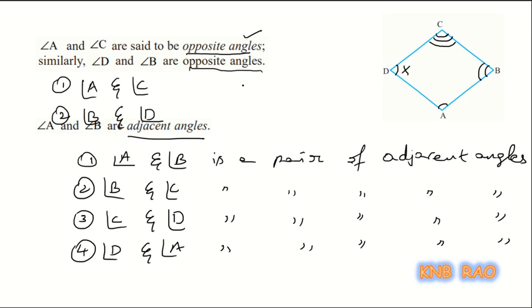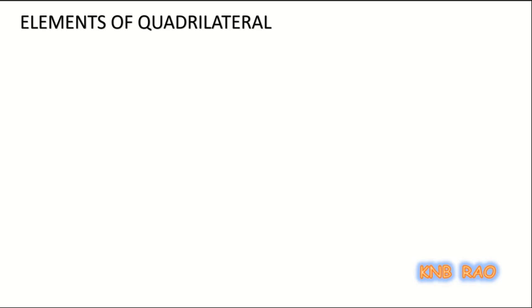See children, we have quadrilateral elements. What are the elements and how many elements are there? Now let us see. Here I am drawing a quadrilateral ABCD.